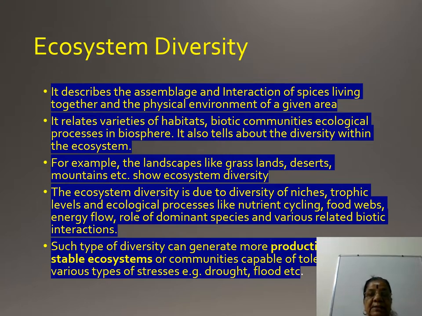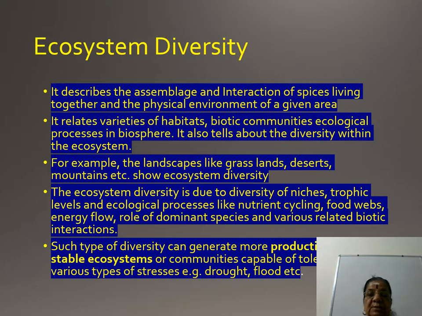It relates varieties of habitats, that is the place where plants and animals are living, and biotic communities, that is the presence of plants and animals as a community, referring to terrestrial grassland, desert, hot and cold climate, tropical rainforest and marine biotic communities, and ecological processes in the biosphere.